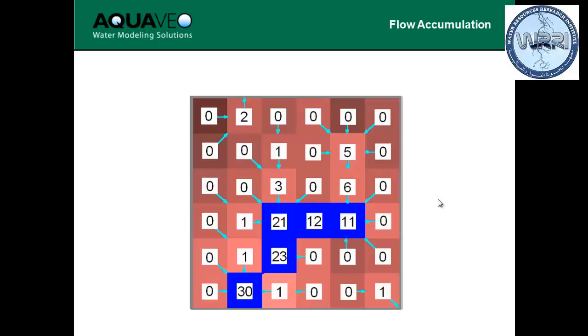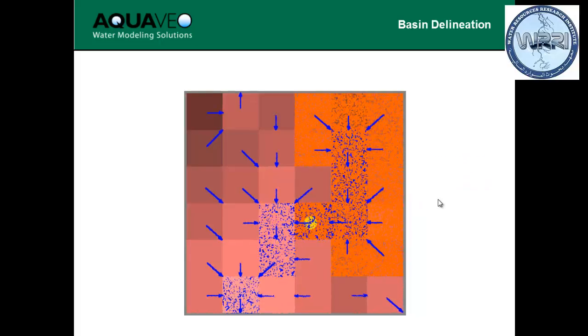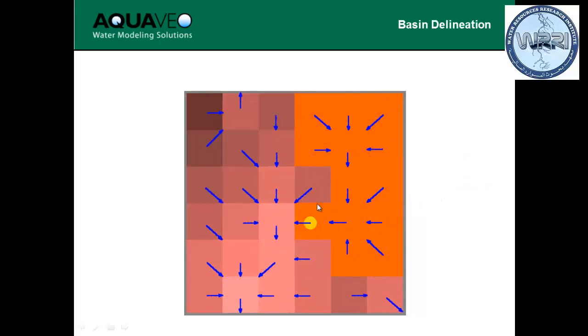Here it's 1 value, and if I lower that threshold, then I'll have more streams. To delineate a watershed, I define an outlet point, like this one, and then WMS will figure out where my watershed boundary is. So something like this. It's here.